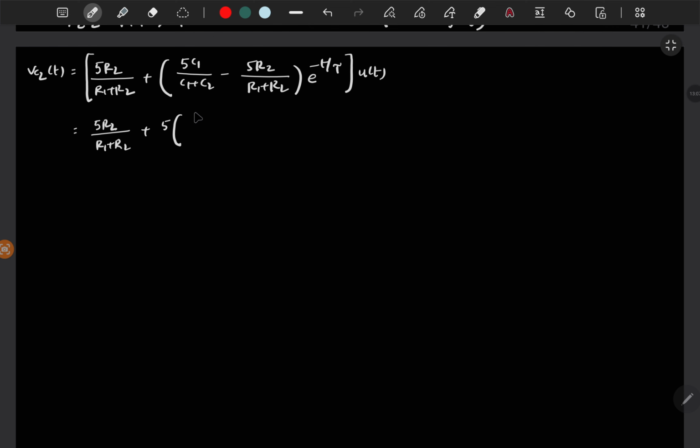The two terms of R2C1 will get cancelled out, so you will get R1C1 minus R2C2 by C1 plus C2 times R1 plus R2, into e power minus t by tau, u of t.